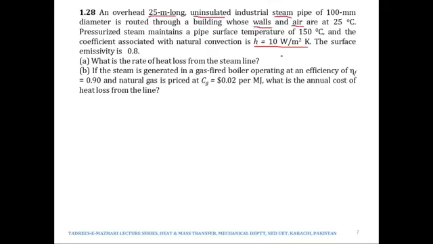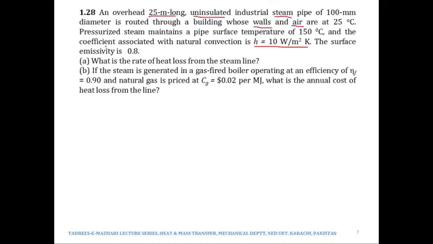Since inside the pipe it is steam, h would be a relatively larger quantity. And the steam would be flowing, of course, with a certain velocity, because pipes carry water and steam with a substantial amount of velocity. So that may not be the case of natural convection.